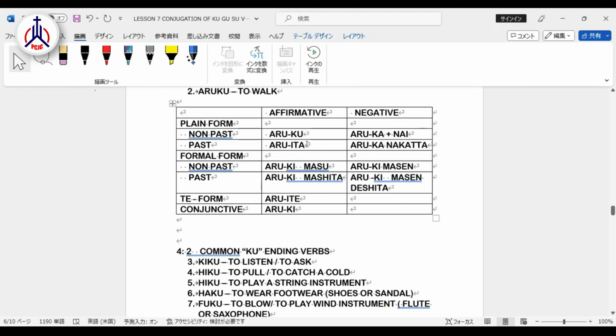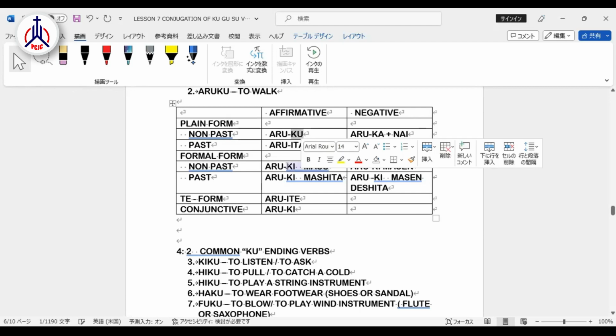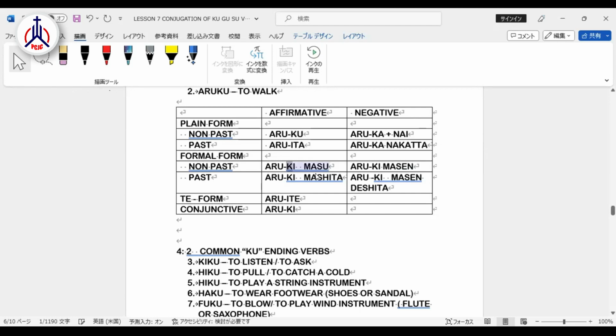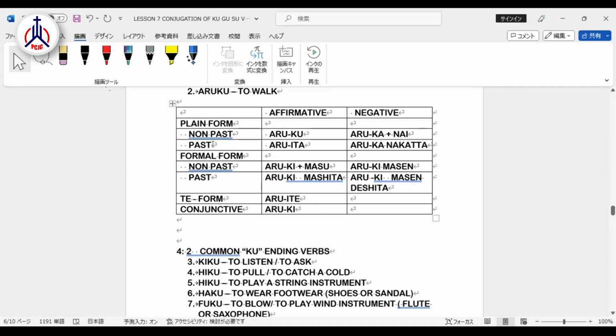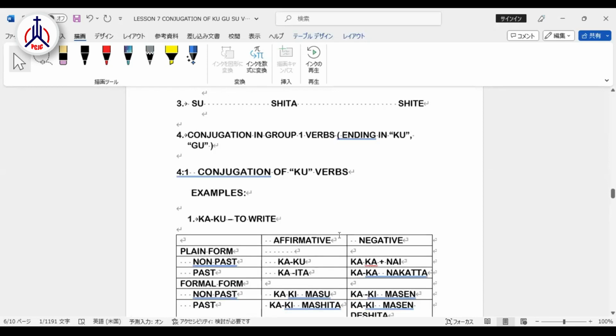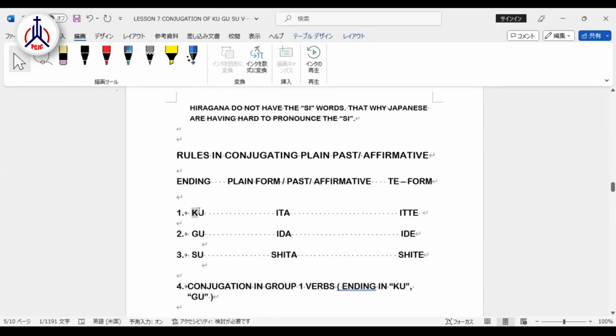And then in the I series, your formal non-past, your ku will change to ki plus masu, so it will be arukimasu. The negative is still the same, arukimasen, arukimashita in the past, arukimasen deshita. A series ka, I series ki. And then in the past, we said the ku will become ita.